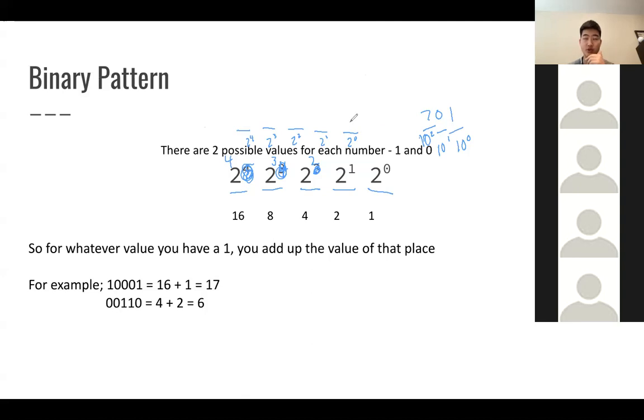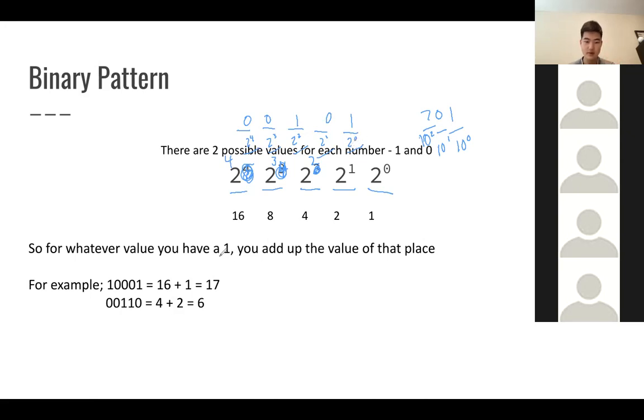It contributes nothing. It's just equal to 0. But say you have a 1 here and a 1 here and 0's everywhere else. 2 to the 4th is false. 2 to the 3rd is false. 2 to the 1st is false. So you just completely ignore those. You're only looking at 2 squared and 2 to the 0, which you're considering true.